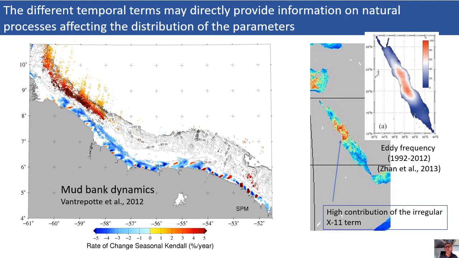On the right side, you have the contribution of the irregular component to the variance of the SPM time series, again over 10 years, showing that the high contribution of this irregular term is located where the frequency of eddies is maximum. This result stresses that submesoscale processes control the SPM variability in this area.